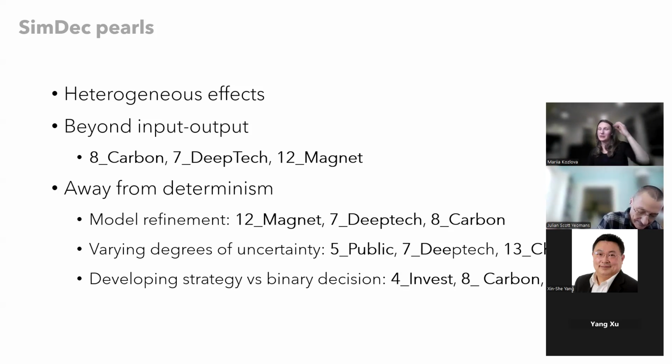And then, remember in our reliability chapter, there were sub-distributions that were narrow and some that were very wide. And then finally, there is a really cool output of moving away from determinism: instead of just answering a closed question, you can actively develop a strategy.